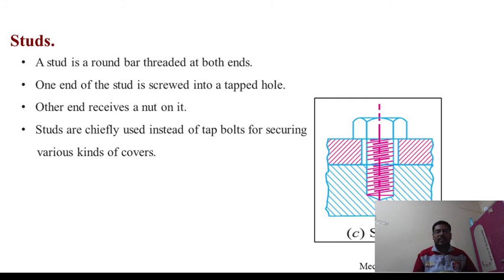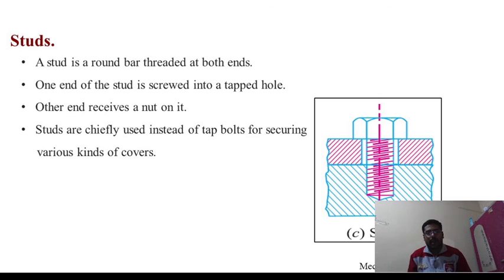So next one is studs. A stud is also one of the types you can easily assemble and disassemble in any material, whether wood, metal or any component. Here also there is a head on top, with a circular or square groove, for tightening or hammering the stud. This is one type of bolt.